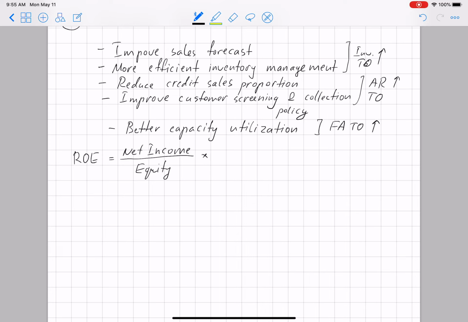I'm going to multiply and divide, but I'm going to do it by multiplying and dividing by assets. Okay, so now I have my net income over assets times assets over equity.